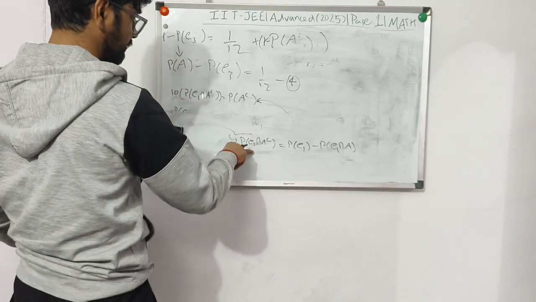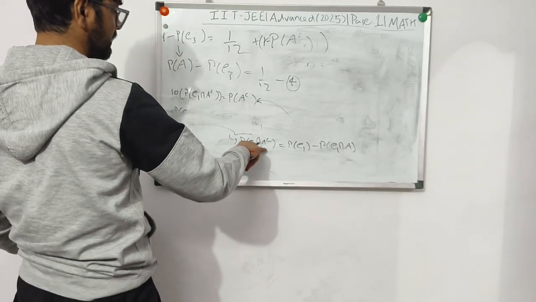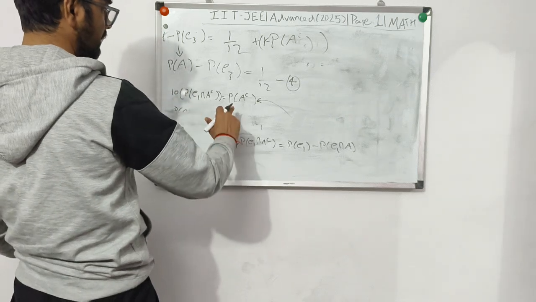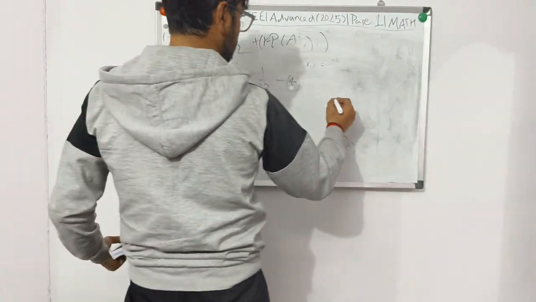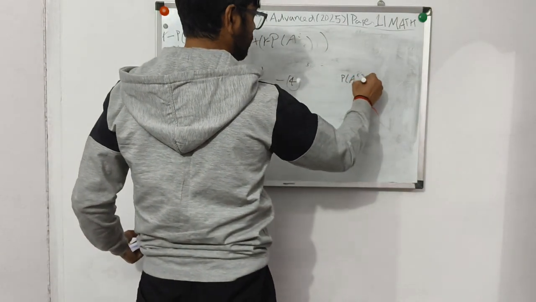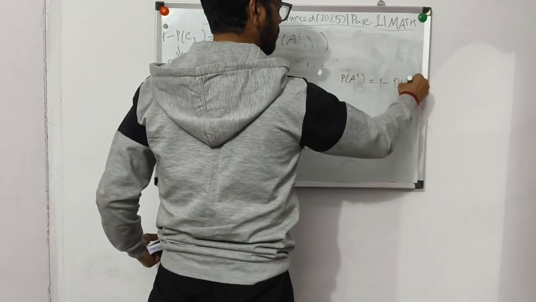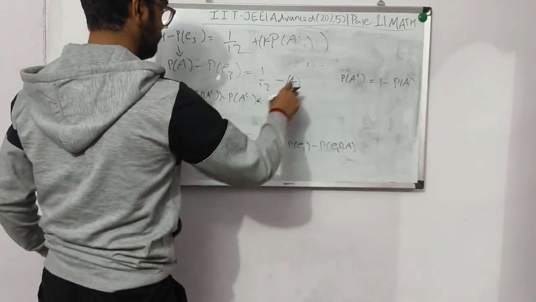So this was our equation 2. We'll substitute the value of P(E1 intersect A complement) here, and P(A complement) equals 1 minus P(A). We will substitute this value here.